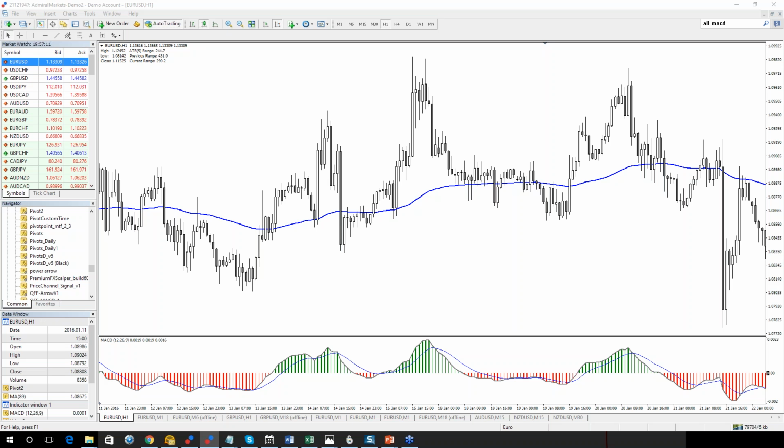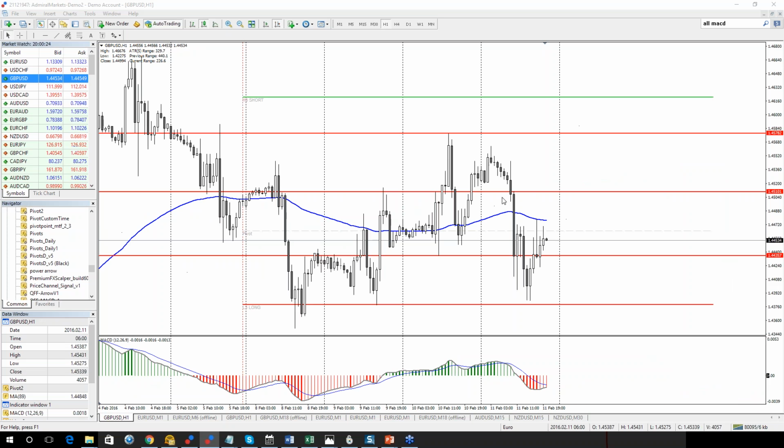So how you do a little trick, a small trick. Scale out here. Okay, see it now. So pound dollar, once more. You see quadrants, previous swing high, previous swing low.